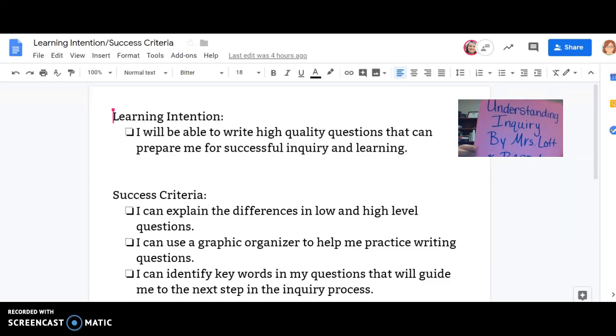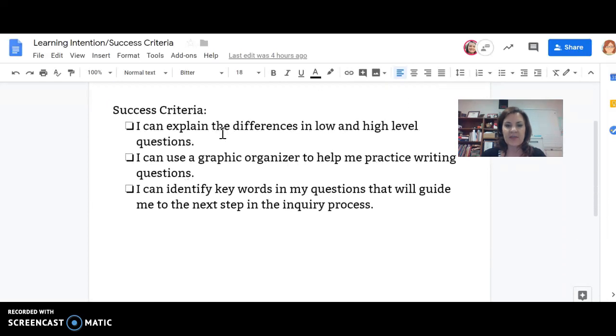So I'm going to show my note. This officially is Understanding Inquiry by Mrs. Lott, Part 1. So today we're going to talk about the inquiry process as well as questioning. So here's what I hope that you will be able to understand as a result of our time together. Our learning intention is I will be able to write high-quality questions that can prepare me for successful inquiry and learning.